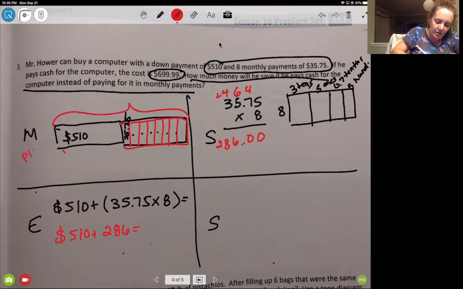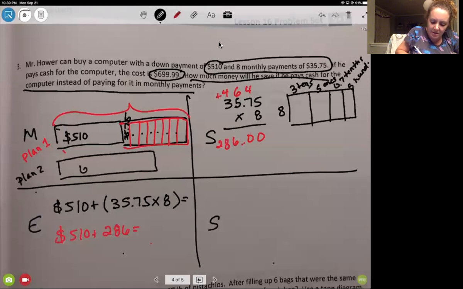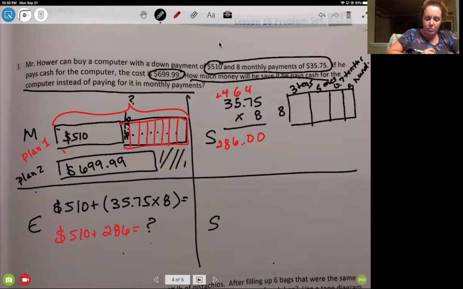We can call this plan 1, and we know plan 2 is just a straight $699.99. Now the question isn't how much the first plan is, but once you find this, you need to take the cost of this whole thing, and we're going to find how much more.